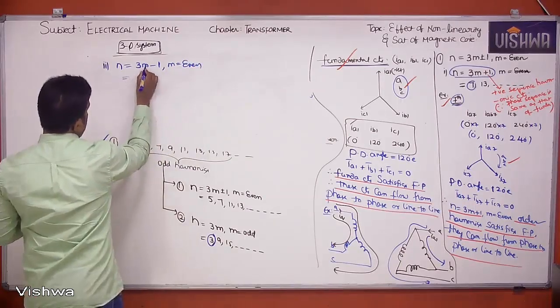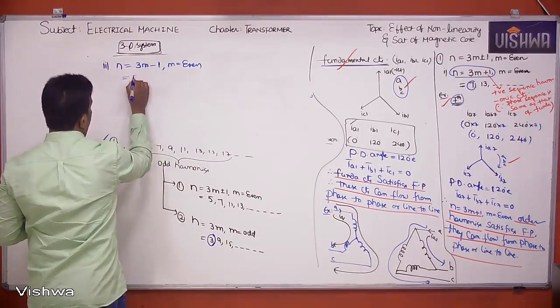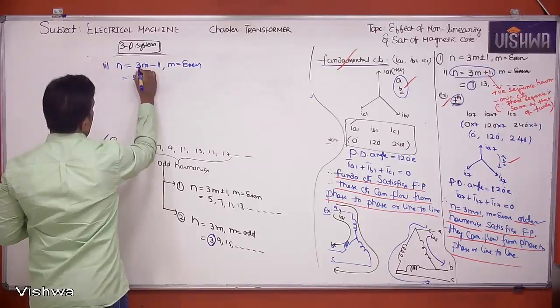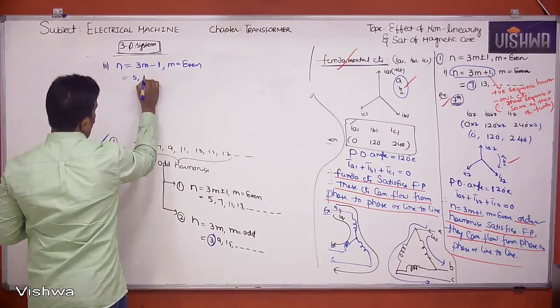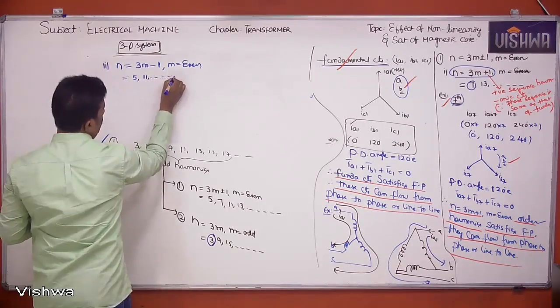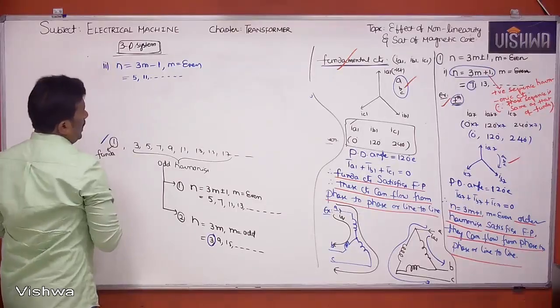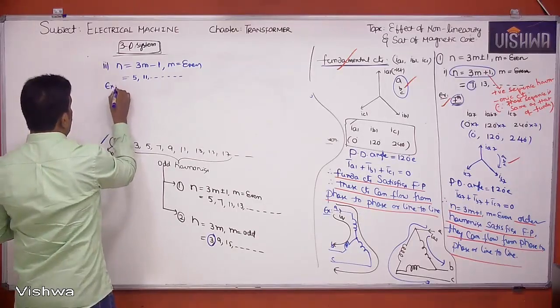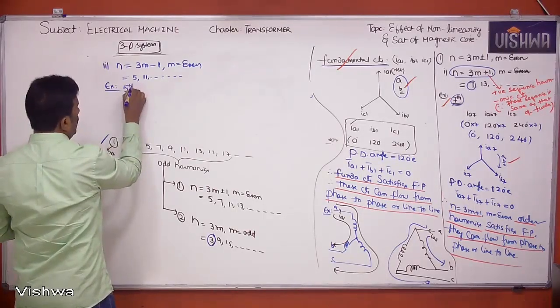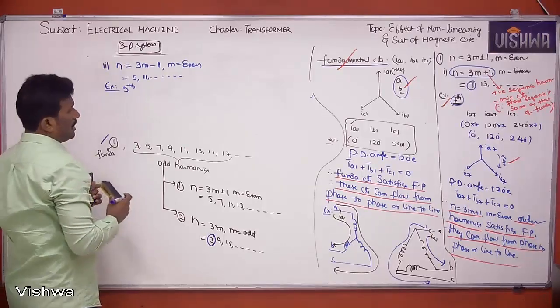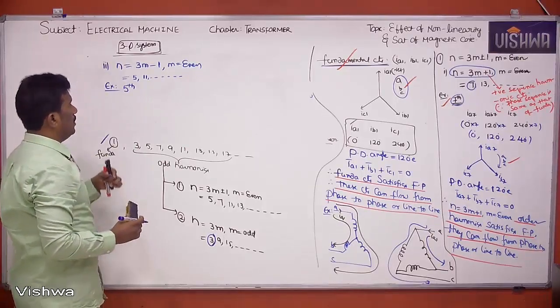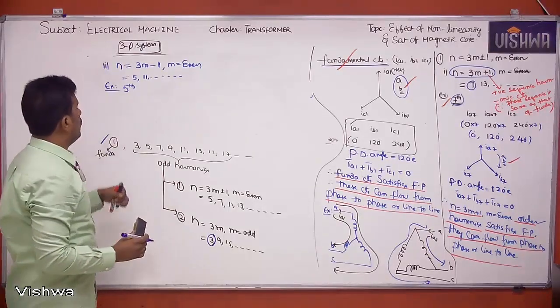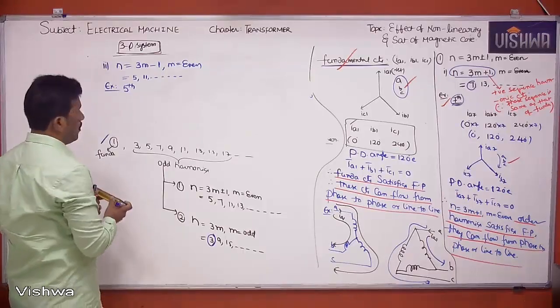So 3 times 2 is 6, minus 1 is 5. 3 times 4 is 12, minus 1 is 11, and so on. Here, for example, take the fifth harmonic. Whatever conclusion is valid for the fifth harmonic is also valid for n equal to 3m minus 1.